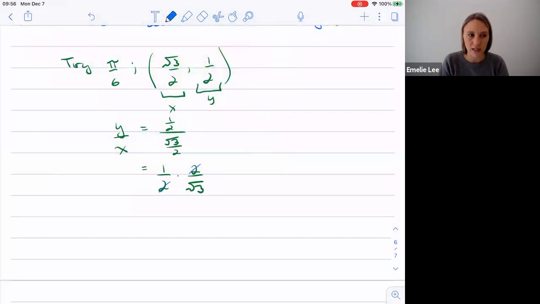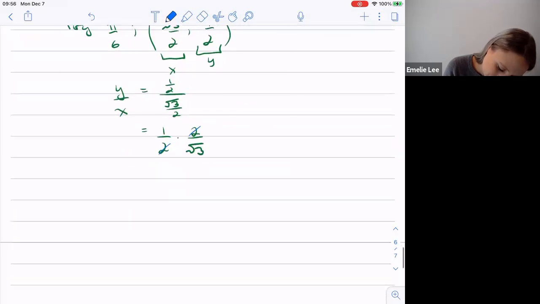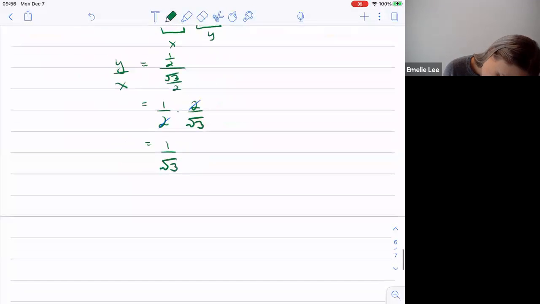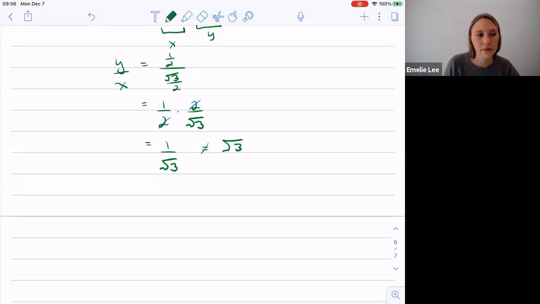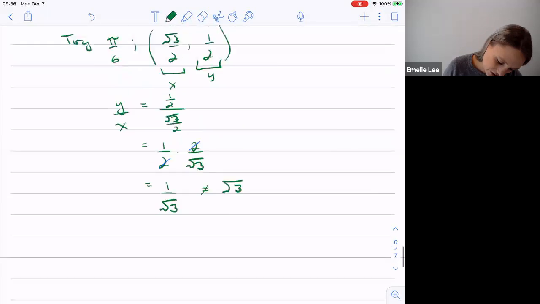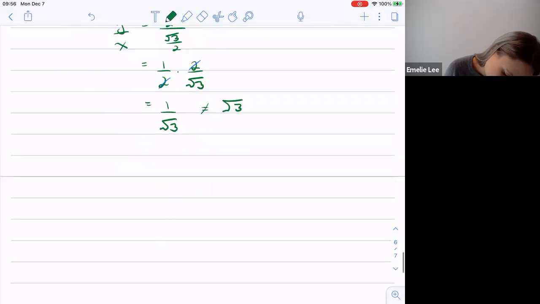These 2's are going to cancel, so I end up with 1 over root 3. That's not quite what I wanted. So then pi over 6 is not an option. This is 1 over root 3, which is not equal to root 3. Okay? So then we try pi over 3 instead.